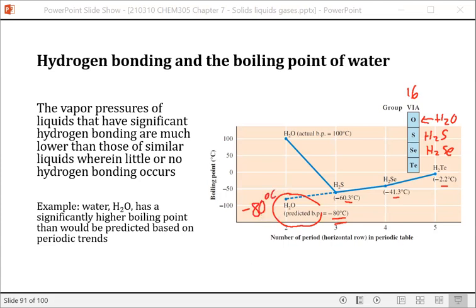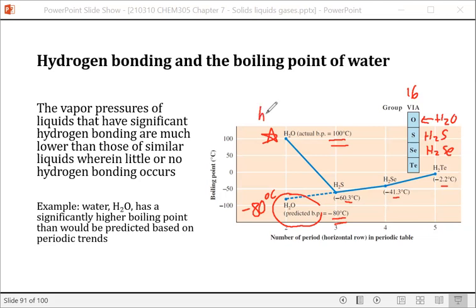Can you imagine if water boiled at -80 degrees Celsius? That means that most of the water on Earth, because most of the Earth is not at -80 degrees Celsius, would always be in the vapor phase. We'd have very little liquid water because most of the Earth is above -80 degrees Celsius. But the actual boiling point of water is 100 degrees Celsius. It deviates significantly from this trend predicted from the periodic table.